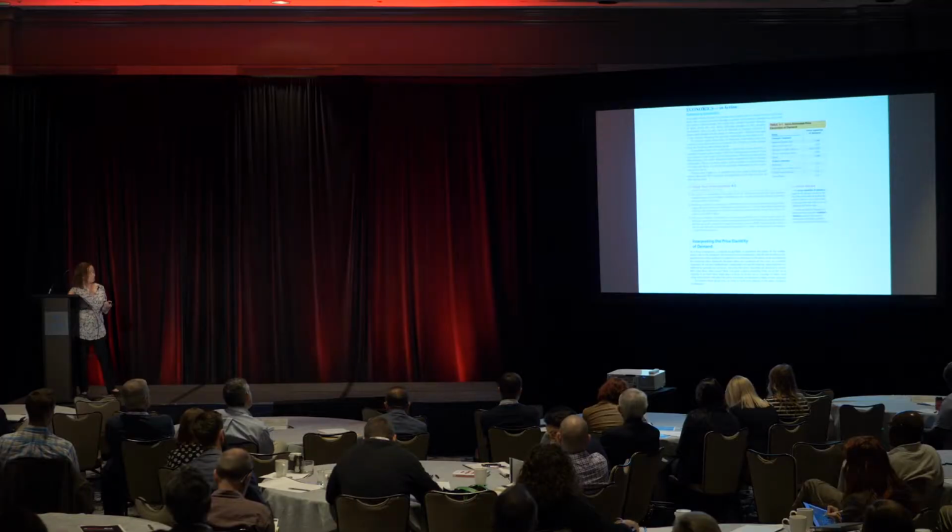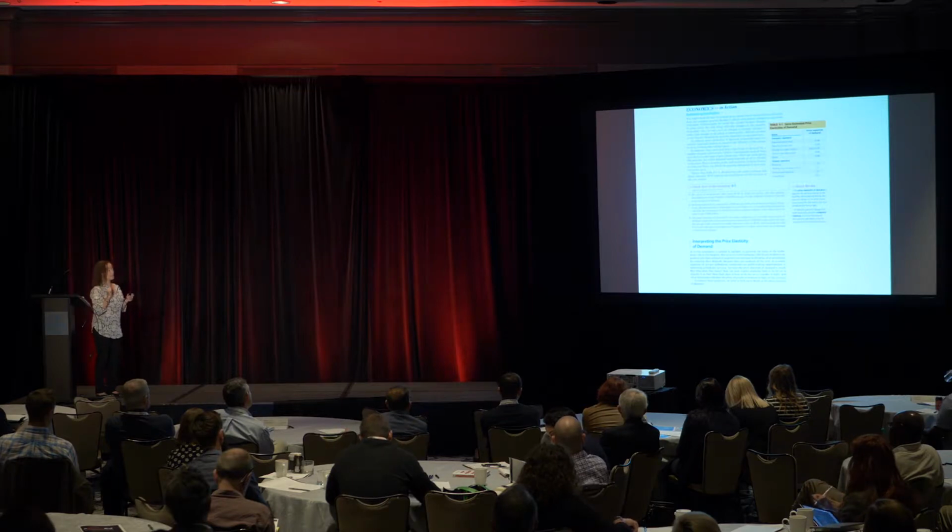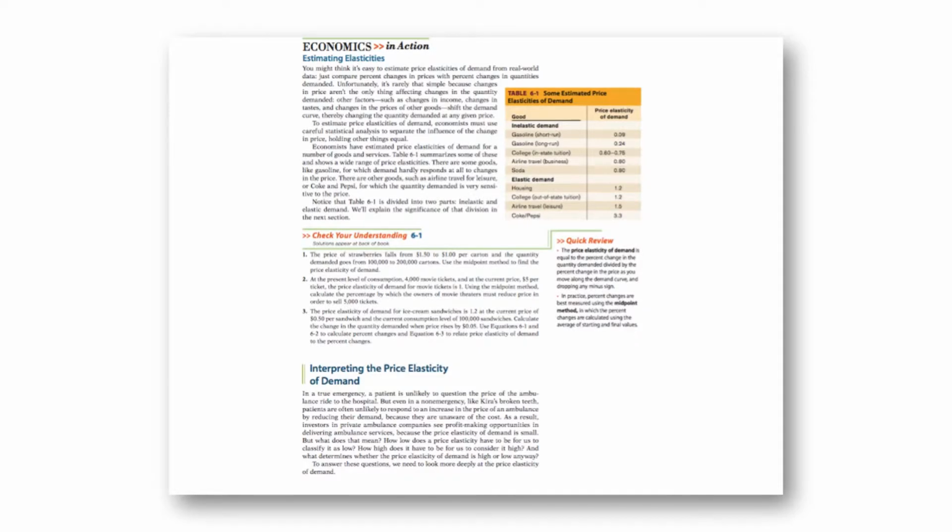So what we have here is, surprise, a page from our textbook. And what I have here is a page from our elasticity chapter. And what I just want to show you here, if you look about halfway down, there's what's called check your understanding, and to the side of that, that's quick review. So what we've done is we don't wait till the end of the chapter.